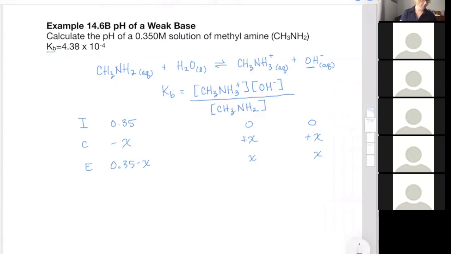And then we can plug in. We know that Kb value is 4.38 times 10 to the negative fourth equals products, x squared over reactants.